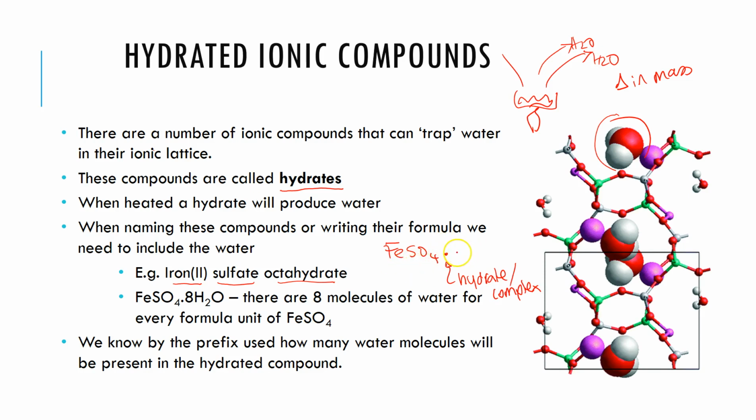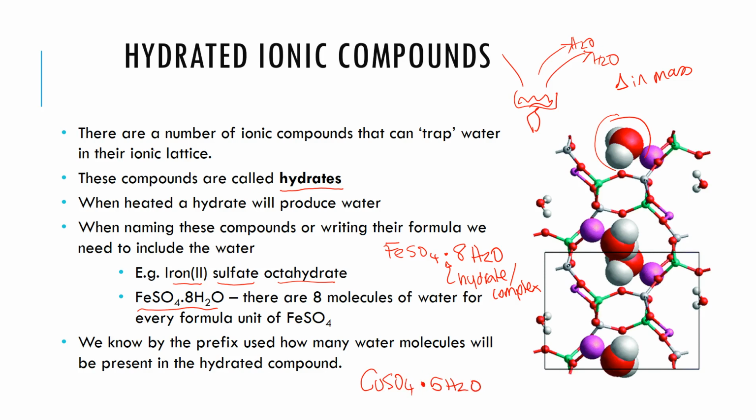Then octahydrate, well, octa is 8, and hydrate is H2O. So our formula will be FeSO4 dot 8 H2O, which tells us there are 8 molecules of water for every formula. We often see copper sulfate too, CuSO4 dot 5 H2O, which is a common one that we'll use in the lab.